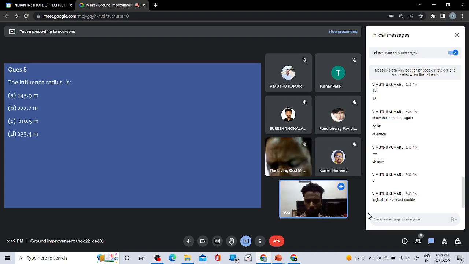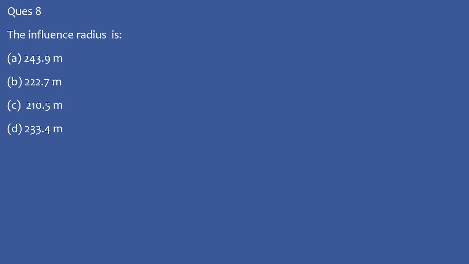Okay, guys, let me solve it for you. The influence radius is given with the help of the formula C dash into (HW naught minus HW) into root K. K is your permeability.